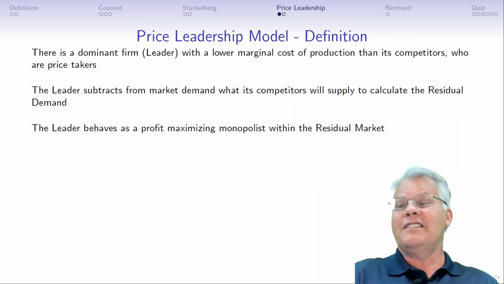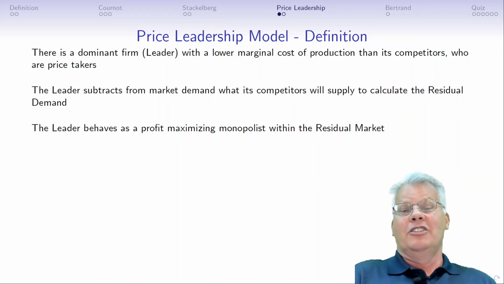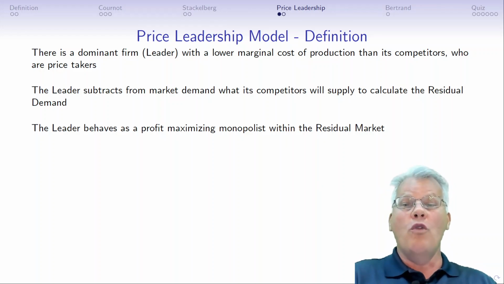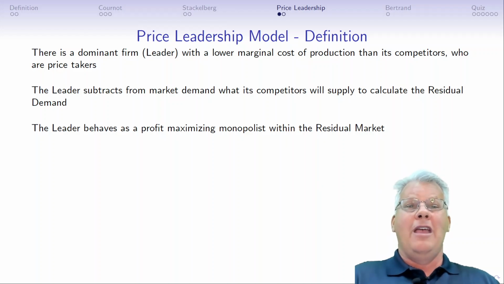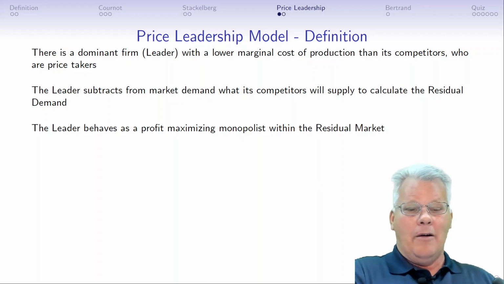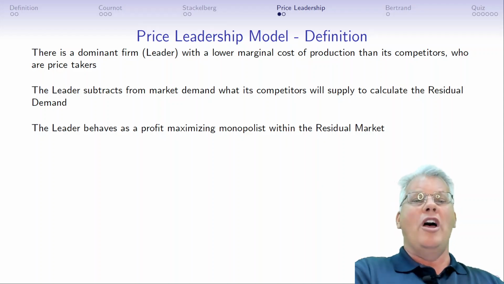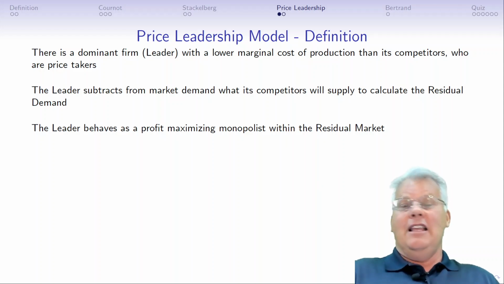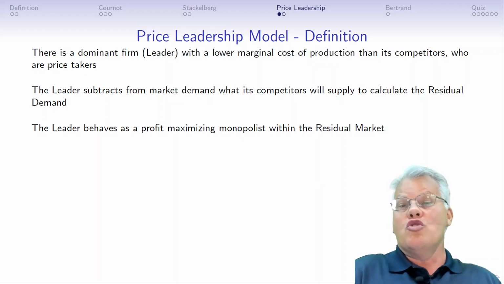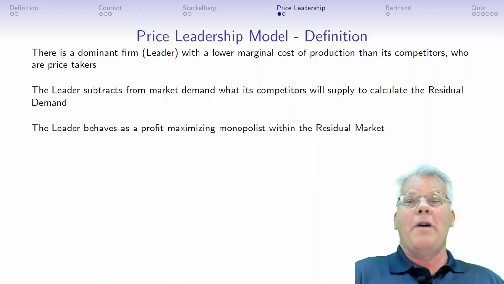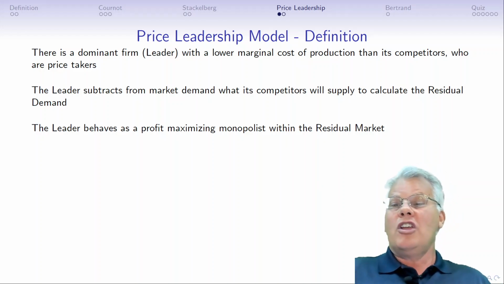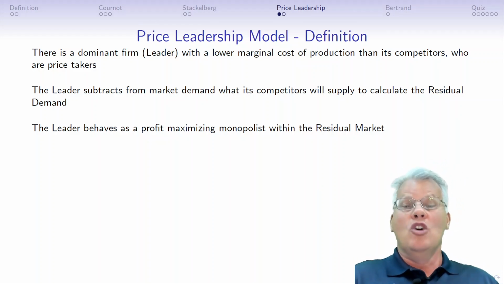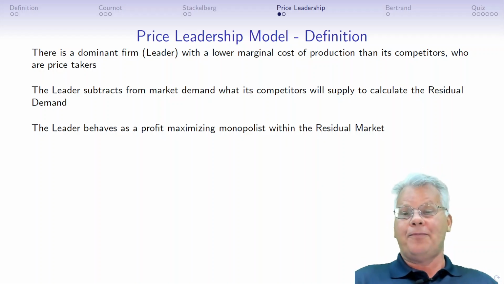What we call this is residual demand. As the words would suggest, residual demand is what's left over to the leader firm after the follower firms respond to the choice the leader makes. The residual market is the market that's owned by the leader firm, so the leader can basically behave as a profit-maximizing monopolist within the residual market.